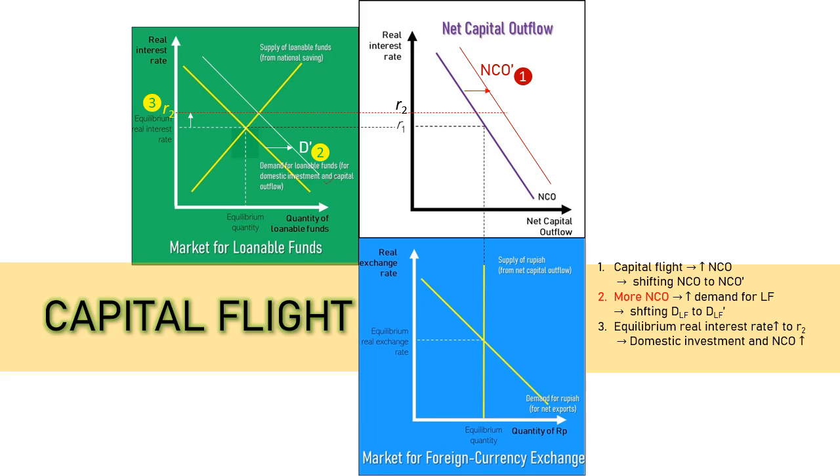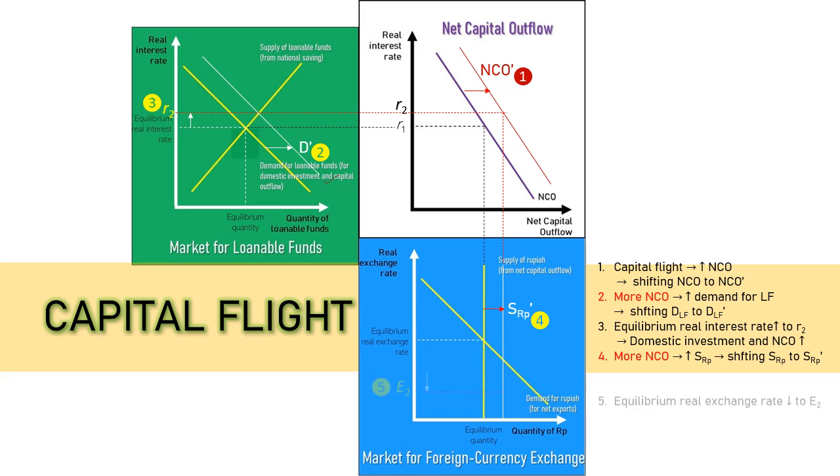And then again, at the same time, more NCO will be reflected in the blue diagram with the increase in supply of rupiah. As we can observe, there will be a shifting of the supply of rupiah to SRP prime.